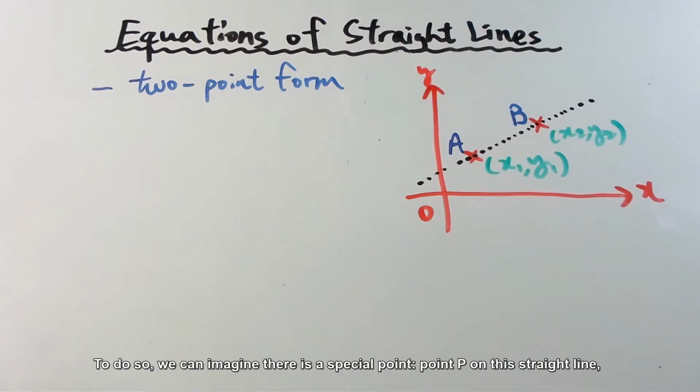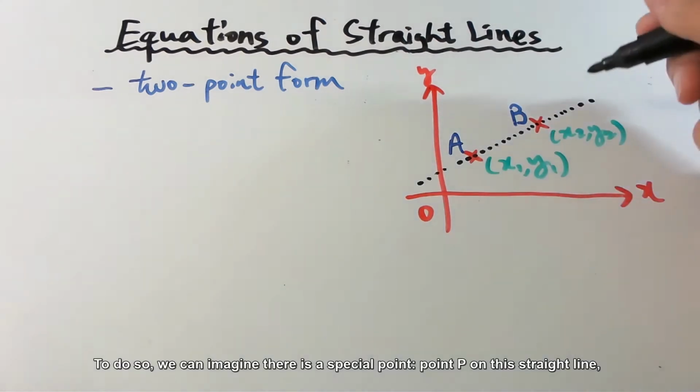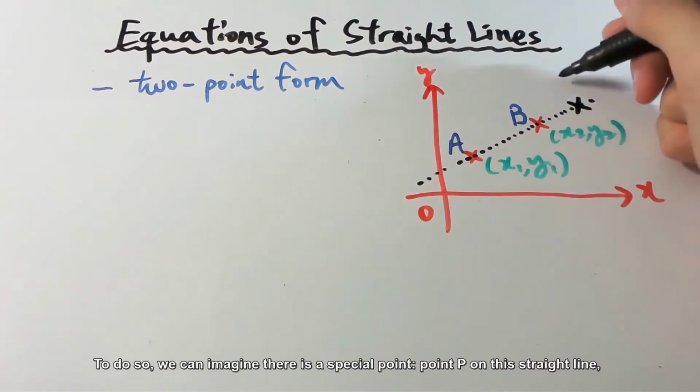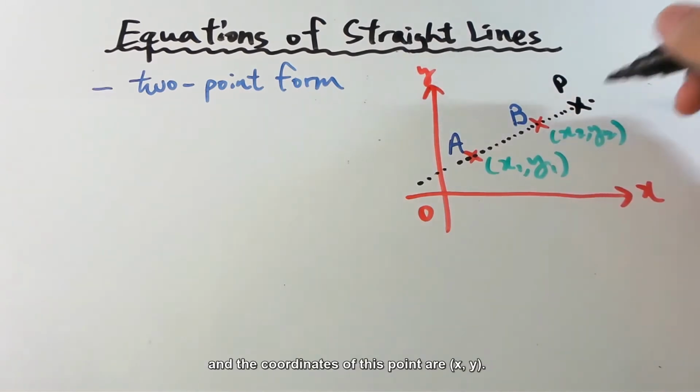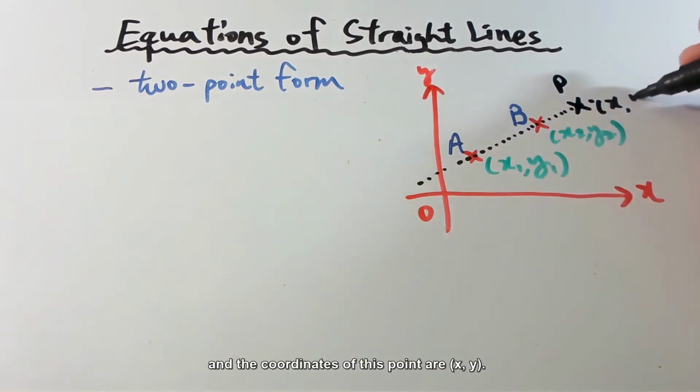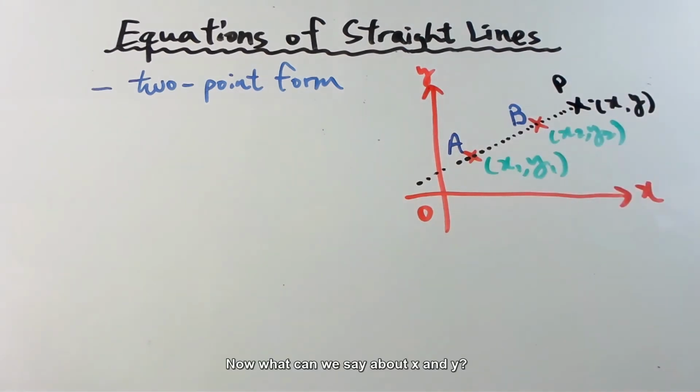To do so, we can imagine there is a special point, point P, on this straight line, and the coordinates of this point are x and y. Now what can we say about x and y?